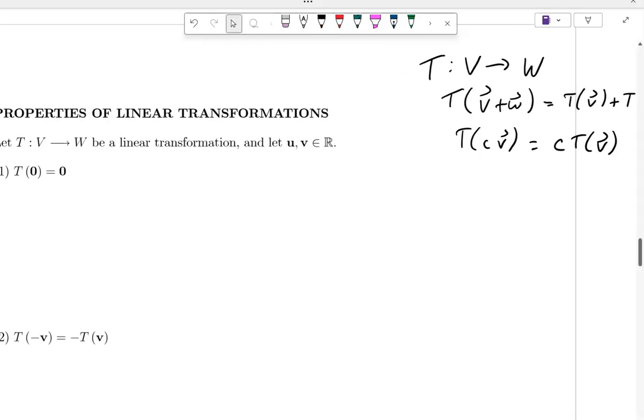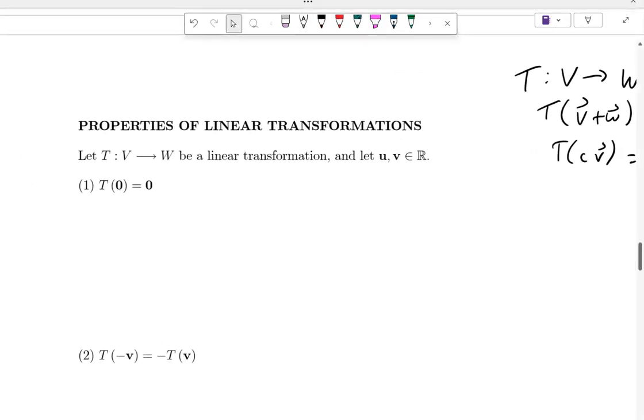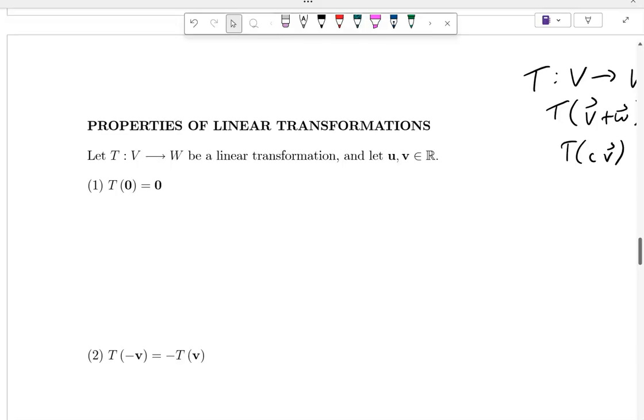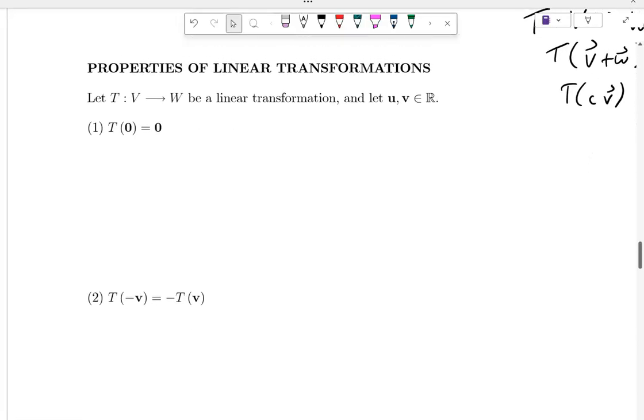All right. So looking at these properties that we have for linear transformations, looking at this next set of examples, we've got actually a couple of different ways we could prove this particular property. But let's look at the transformation maps 0 to 0. Okay.